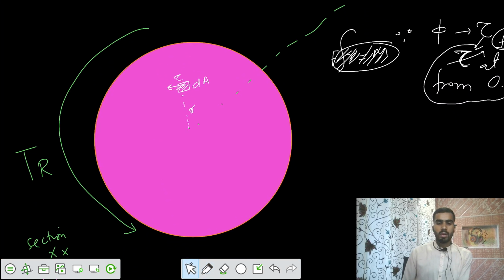Now let's have this one. If you take any point, you want to say what is the value of tau here? I would say the point is on the surface, at a distance of R from the center. The tau here would be tau max, and its direction would be tangential. So your tau is also tangential.